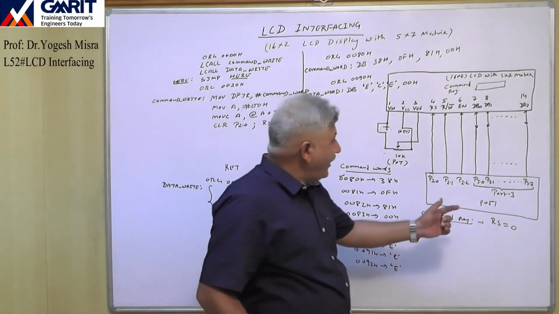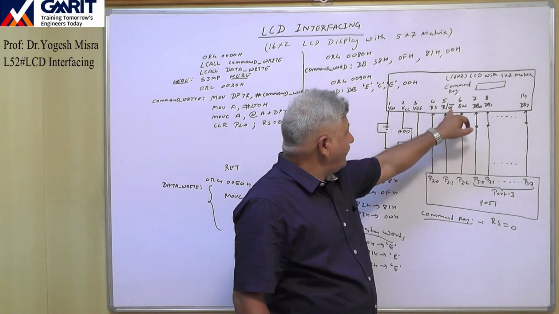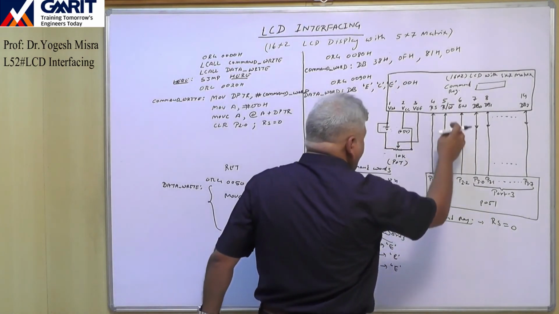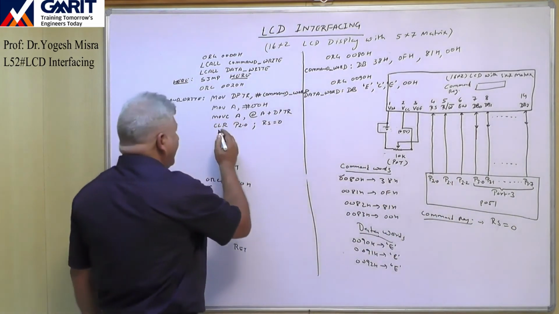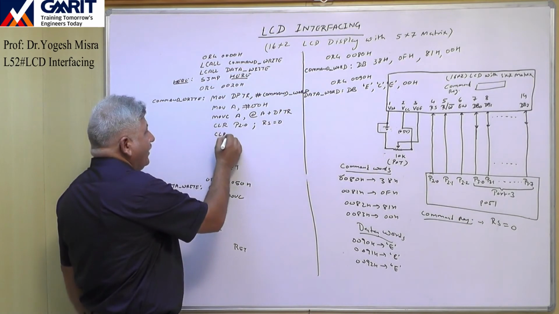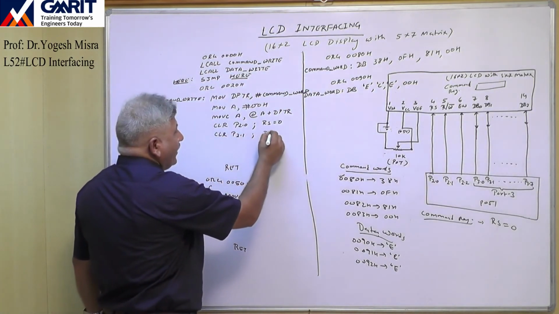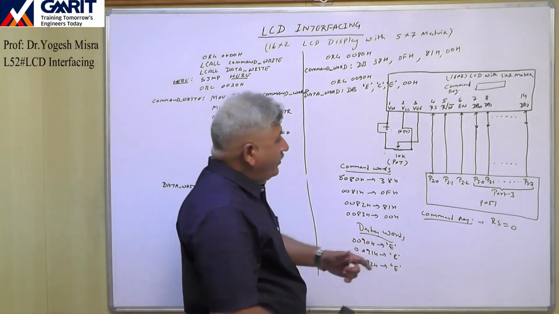Now since we have to write the command word in the command register, the R/W bar should also be 0. The R/W bar we have connected to port 2 pin number 1. So we will make that pin also 0: CLR P2.1. With this R/W bar will become 0.